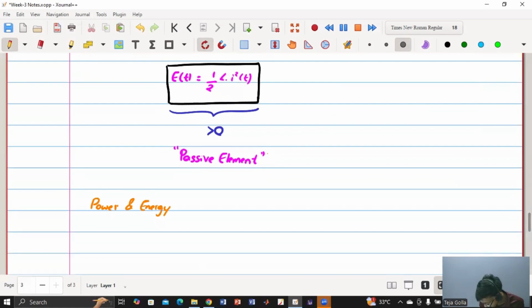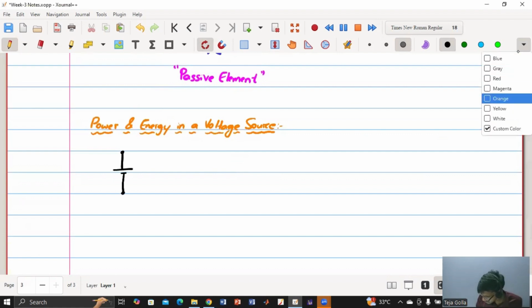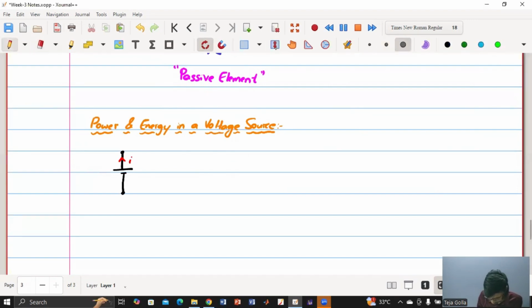Power and energy in a voltage source. Here I'll just quickly go through because we have spent enough time on R, L, and C. If we consider a voltage source, we have V constant and current I. So power P of t is, sorry, I made a mistake here.